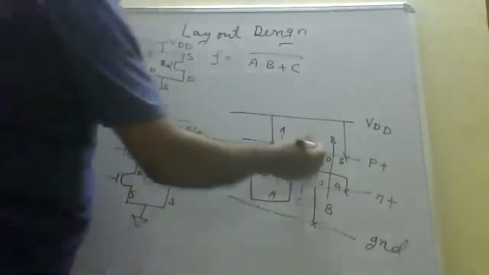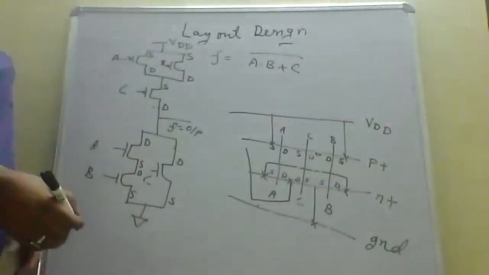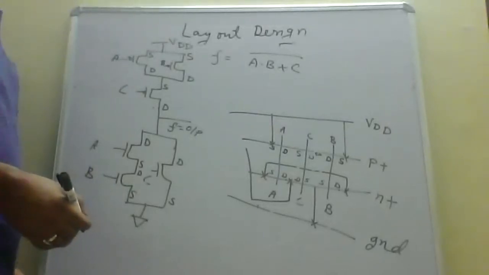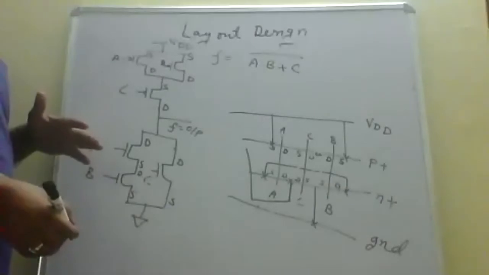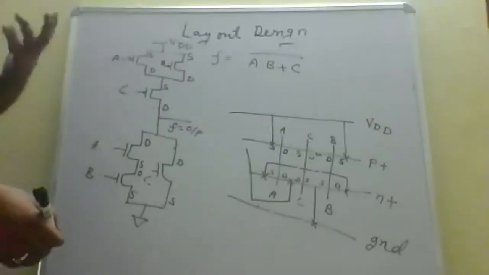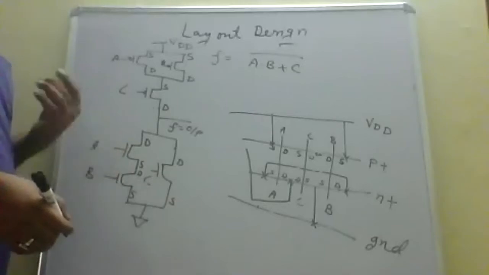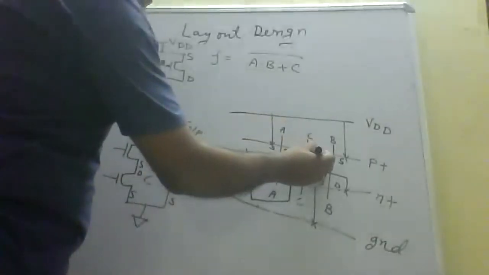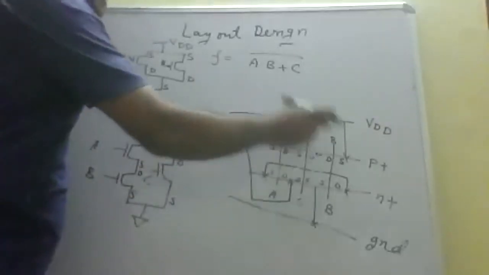Because once there is a breakage, there will be a fixed spacing between them, that is 3 lambda distance, which is fixed between two actives, whether of P plus or of N plus. If the active is broken, there will definitely be a spacing of 3 lambda between them. That's why we cannot use this ACB.